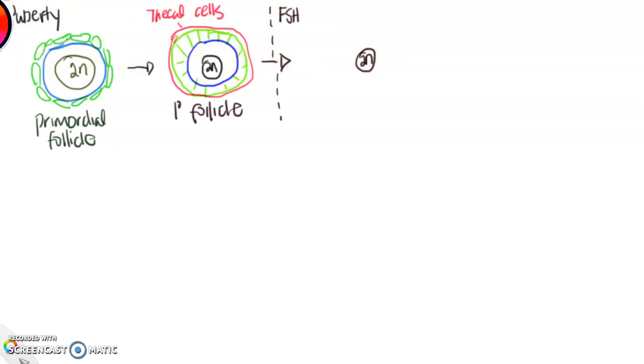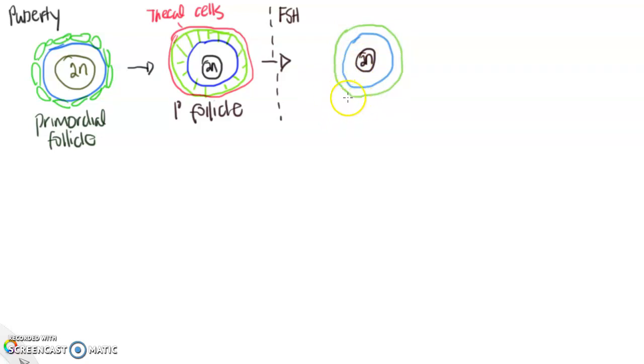So here's our follicle, all right. And we have our thecal cells. And the cells are out here like this. And then they start to get more.